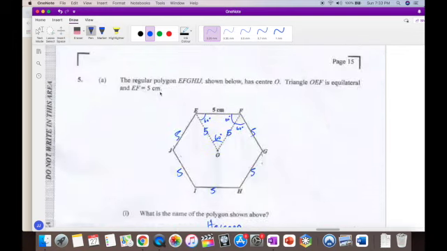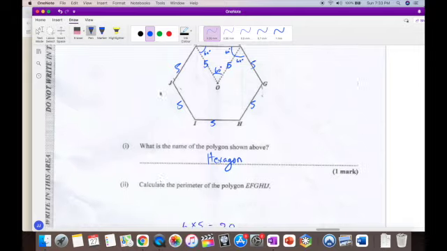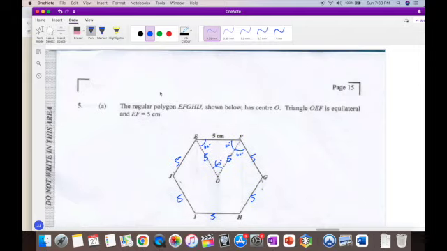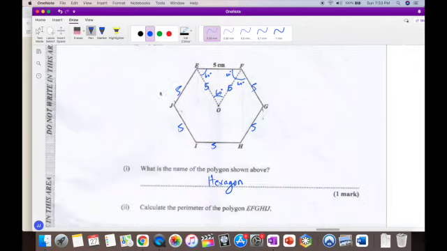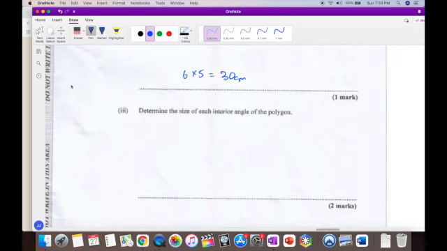So we could put here, in order to make sure that we get the 2 marks: angles in an equilateral triangle equal 60 degrees each.